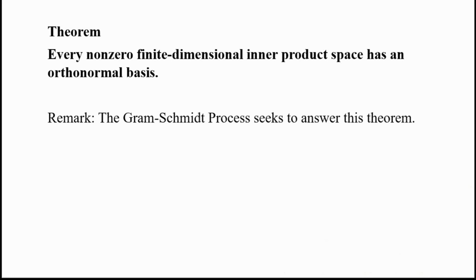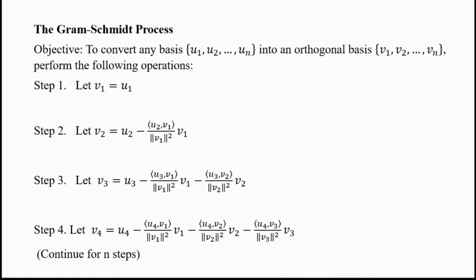The Gram Schmidt process says that we can find those orthonormal vectors by giving any basis in a vector space. Here's the process. The idea is to convert any basis into an orthogonal basis, and then even after that, convert that orthogonal basis to an orthonormal basis.